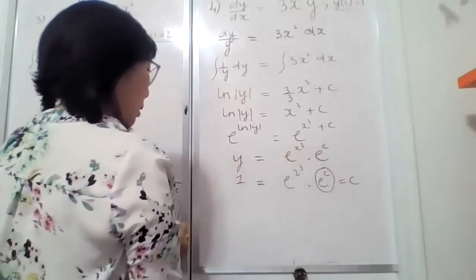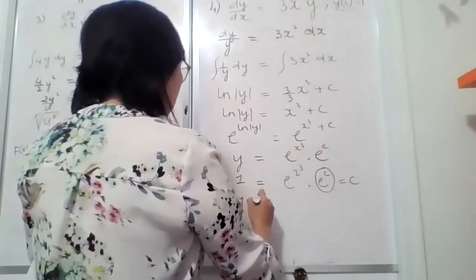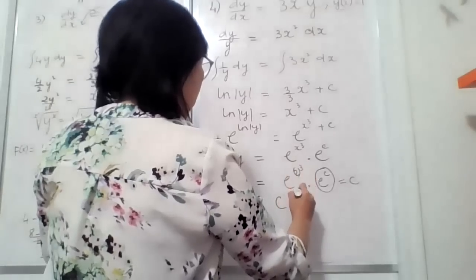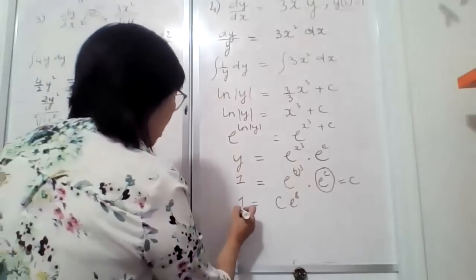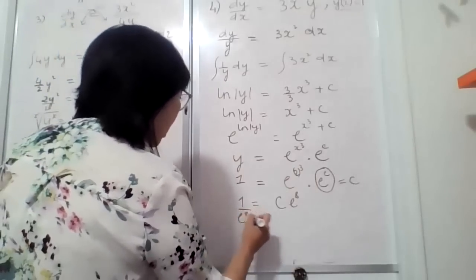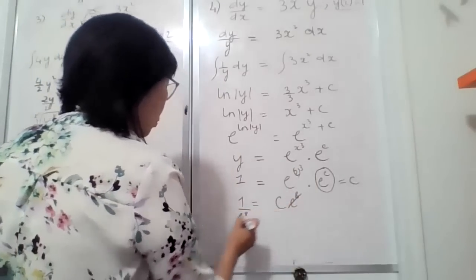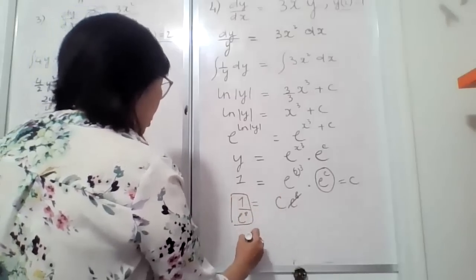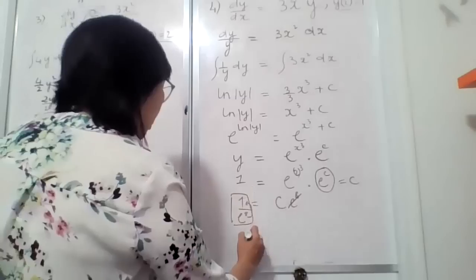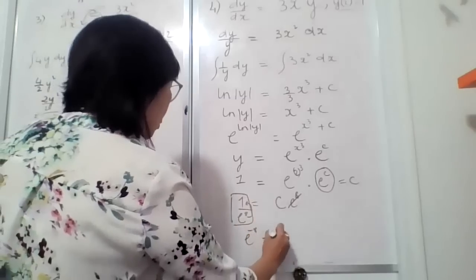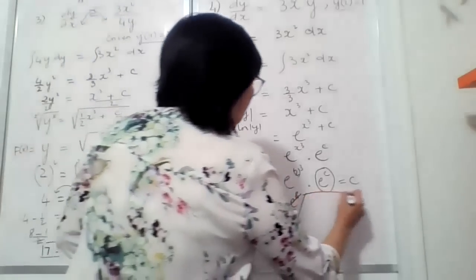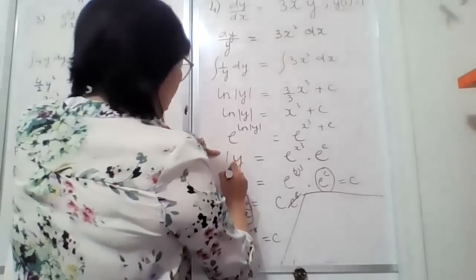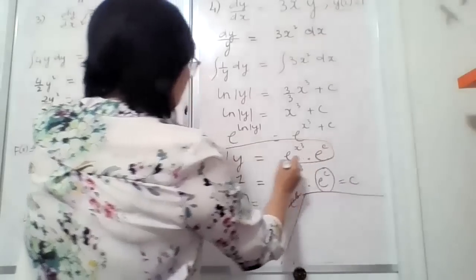Actually, I should do that here, right? So 1 equal c e to the 8. So 1 divided by e to the power 8 equal, cancel, equal c. So we have this equal c. So now I can bring this up: e to the minus 8 equals c. Plug back into the equation. Our original equation is which one? This one.